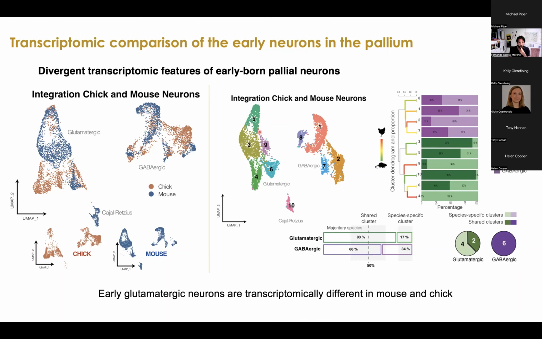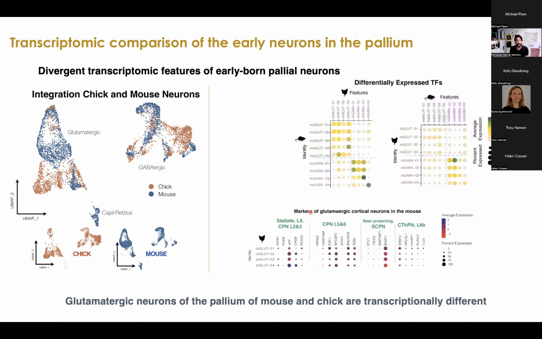We have continued this analysis that I will present to you in the last minute here. We have tested the composition of this cluster. We've seen that glutamatergic cells are more species-specific than GABAergic cells, so they're not as similar as we expected at the beginning of the project.